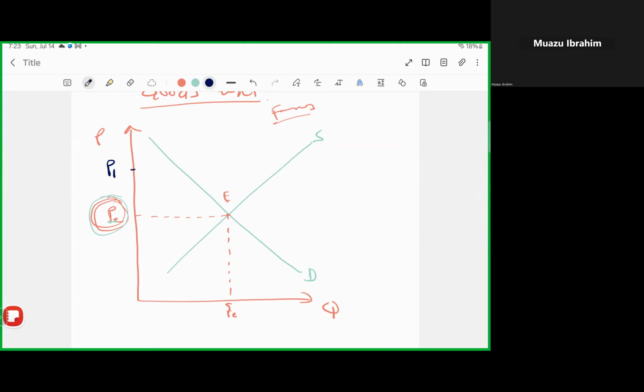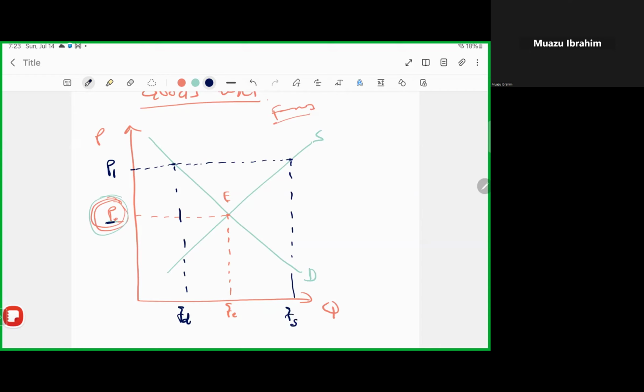In this particular case, what will happen? Yes, there's going to be some problem, because at P1, which is higher than the equilibrium price, demand will fall, as we can see. So quantity demanded falls. And what about supply? Farmers will be happy, and they supply more tomatoes, as you can see.